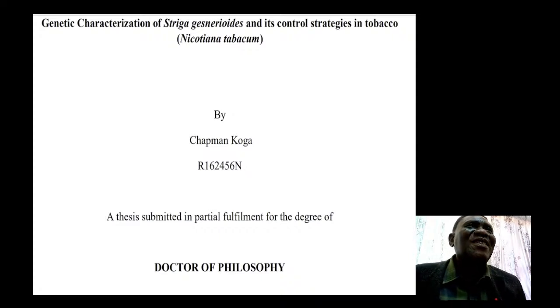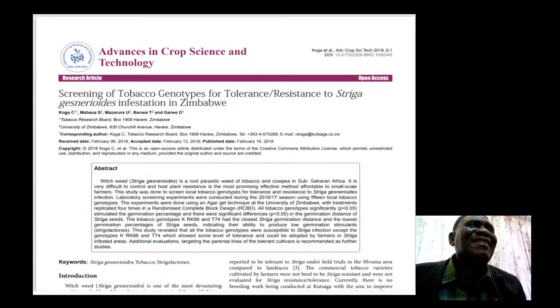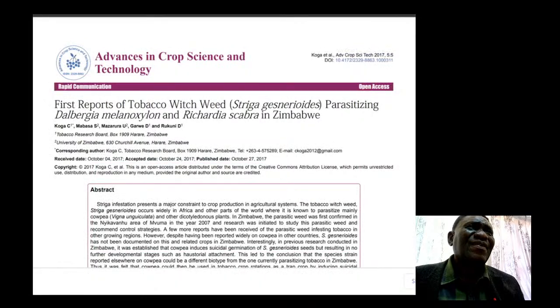We thought we could retain him, but he found better things to do. This is a paper by Koga, if you want to read it. Screening of tobacco genotypes for tolerance resistance to Striga gesnerioides infection in Zimbabwe. Again, same paper by Koga.